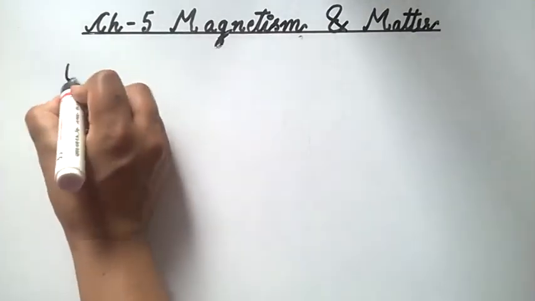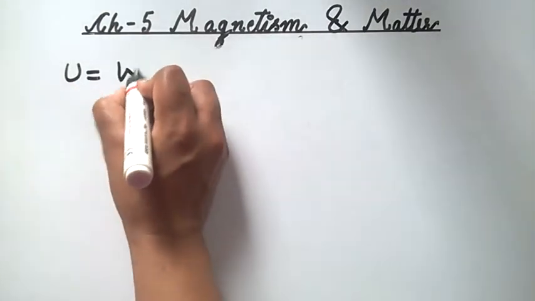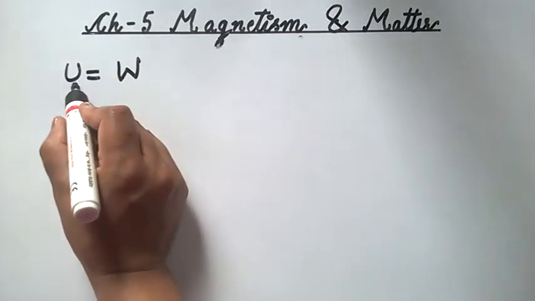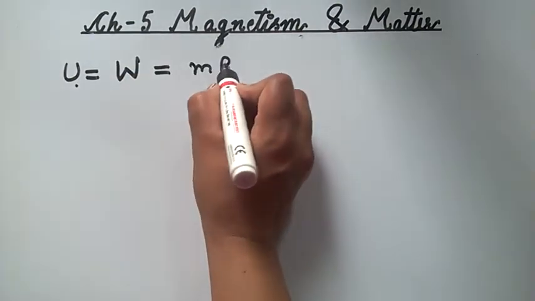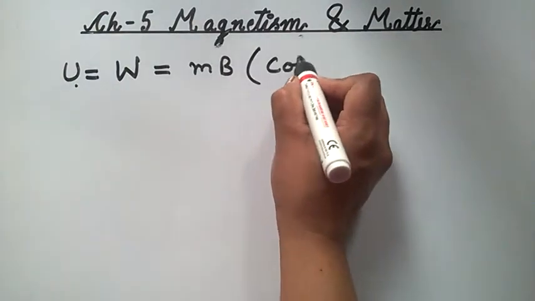Now, as this work done is in the form of potential energy, it is equal to mB into cos theta 1 minus cos theta 2.